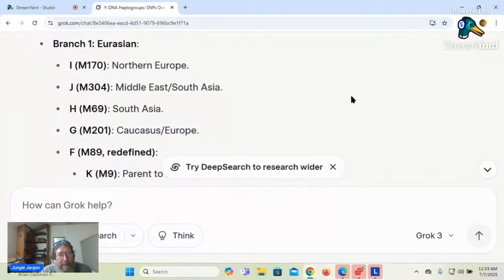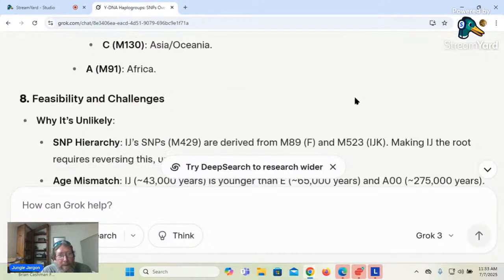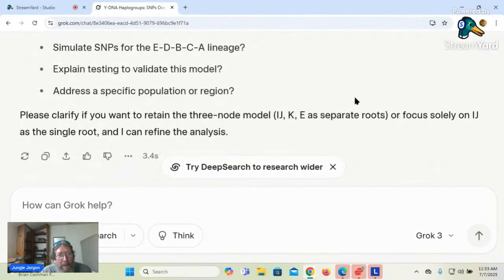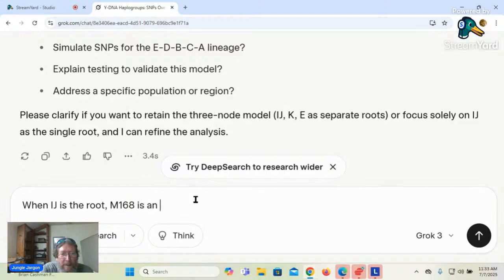And they're all animated. I'm going to try it different here. See, when IJ is the root, M168 is an original SNP.